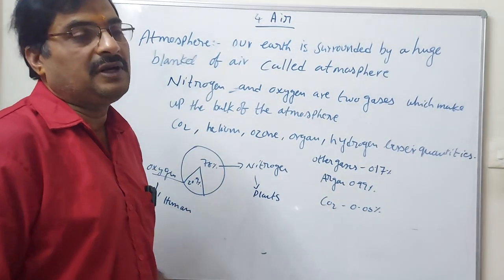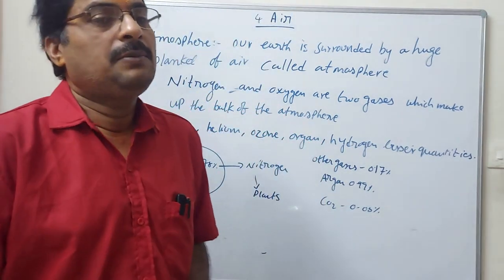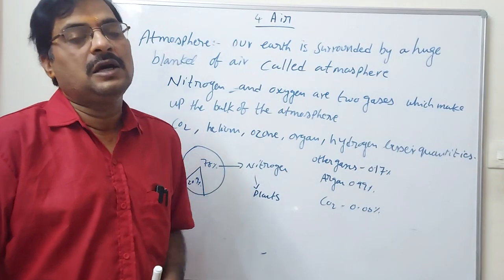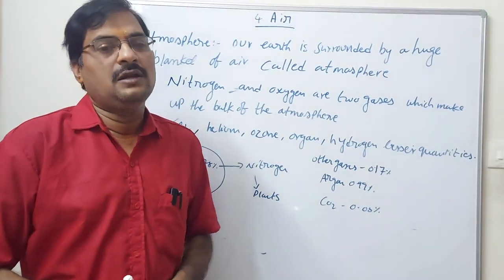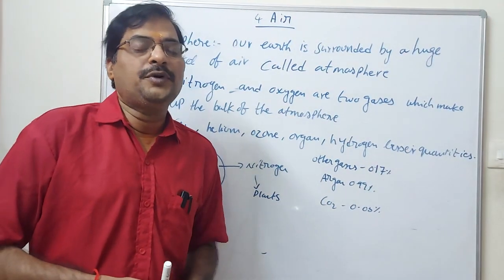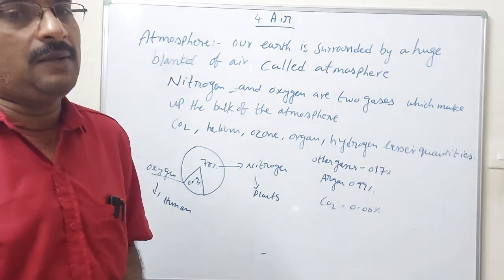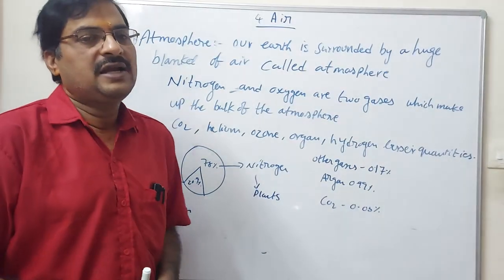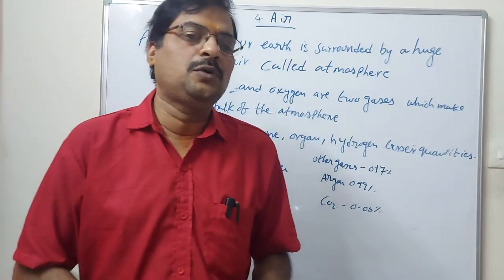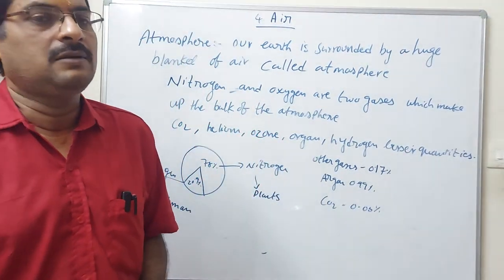Around the earth, we have 78% nitrogen. Nitrogen is very important for plant growth, because plants absorb nitrogen and give output using nitrogen. Plants also absorb carbon dioxide and release oxygen.